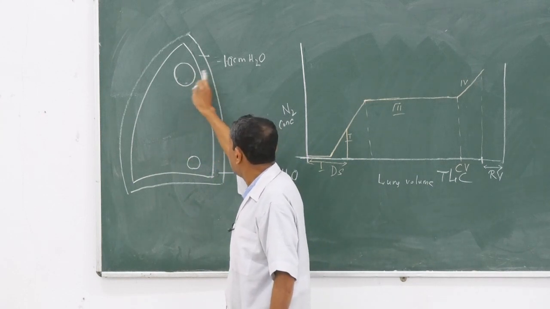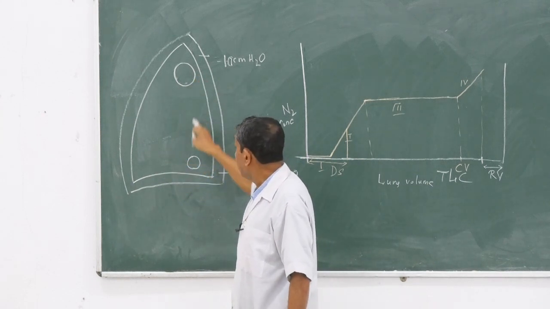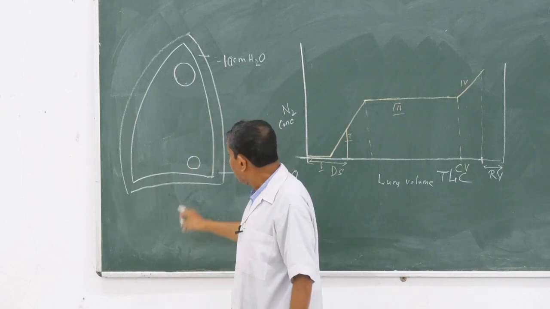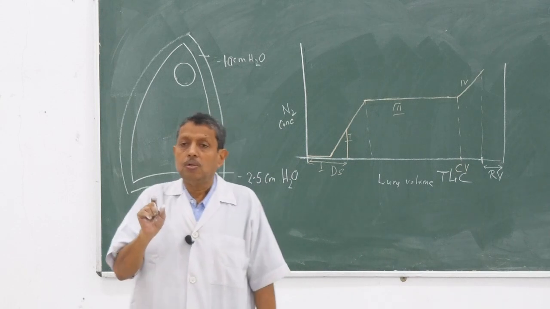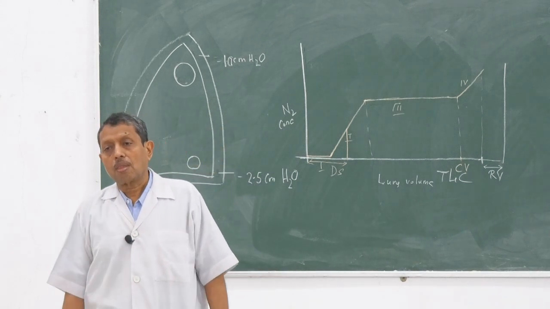Transmural means inside and outside. It is plus 10, so it is more dilated, and here it is less dilated, per unit volume.